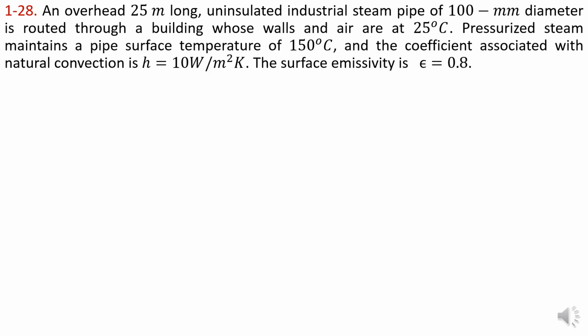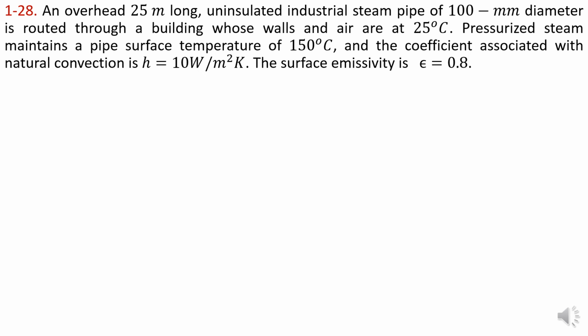Now we are moving towards another problem, which is problem number 1-28, and its statement is: an overhead 25-meter long uninsulated industrial steam pipe of 100 millimeter diameter is routed through a building whose walls and air are at 25 degrees centigrade.